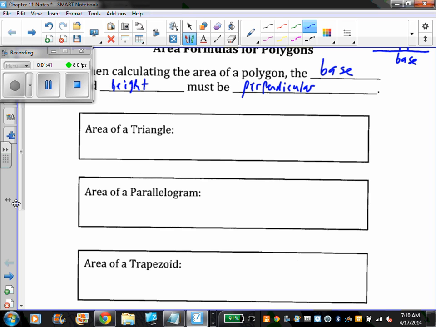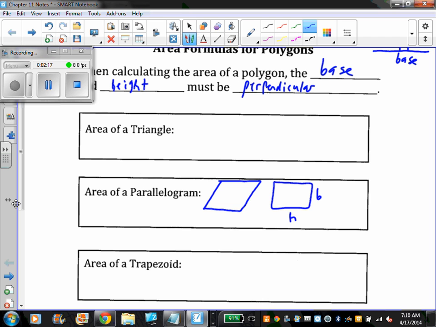All right, first up, I'm actually going to skip area of a triangle for a moment, and I'm going to go straight to area of a parallelogram. So parallelograms, remember we have many kinds of parallelograms. We've got the one that doesn't really have any other defining features, but we also have rectangles, we have squares. In general, the formula for the area of a parallelogram is going to be simply base times height.